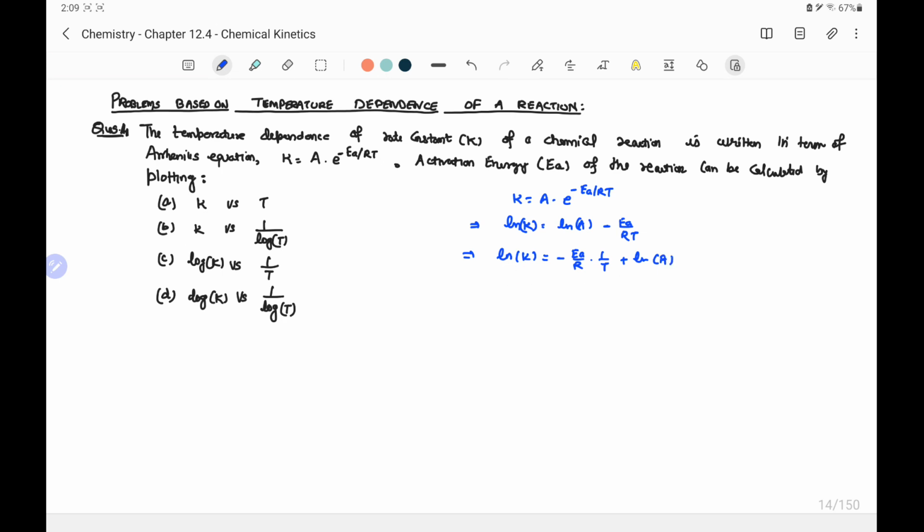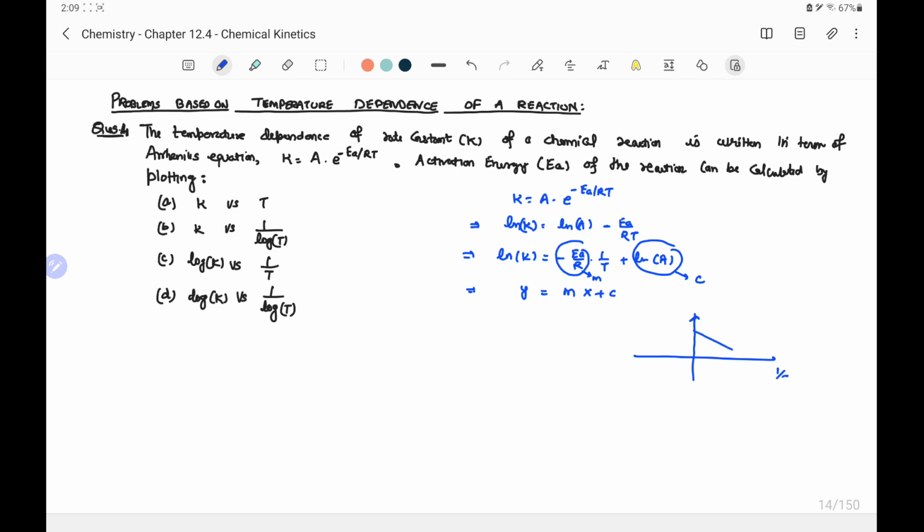So this equation is similar to the equation of the straight line, that is y equal to mx plus c, where minus EA by R acts as the slope of the line and log A acts as the intercept on the y-axis. So we can draw the graph.